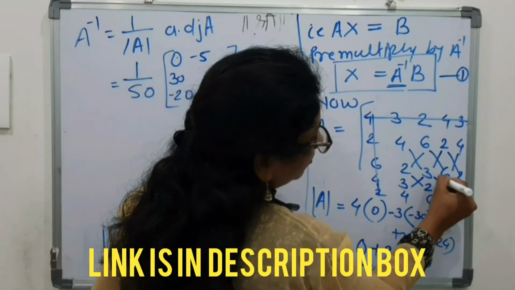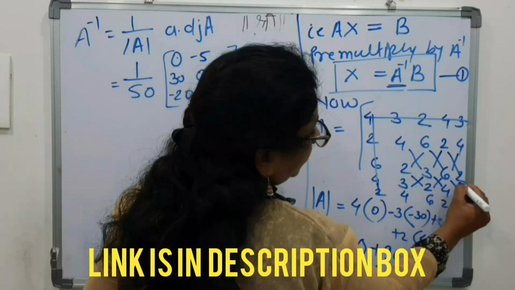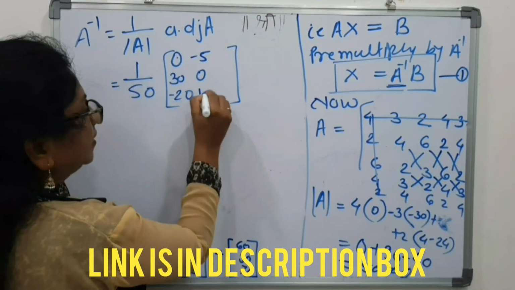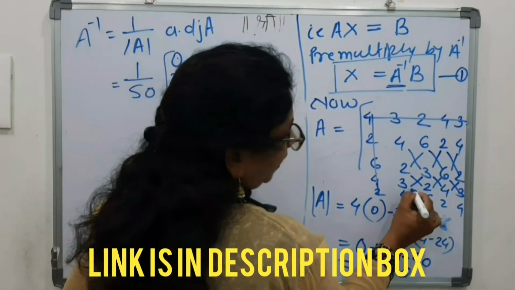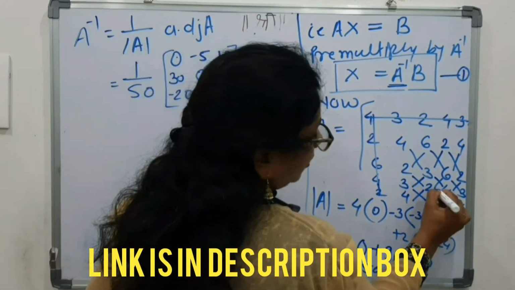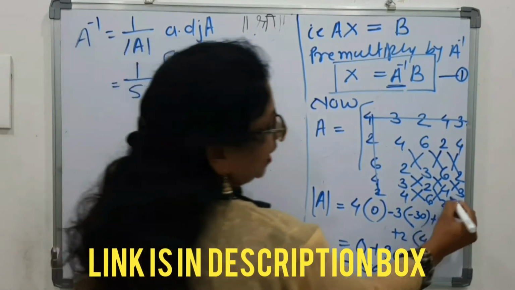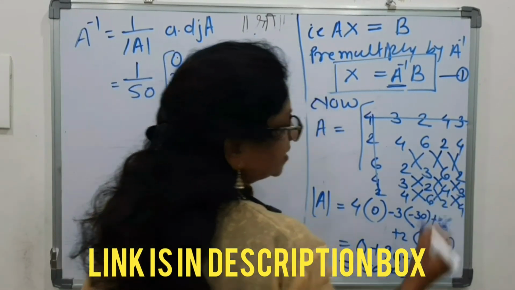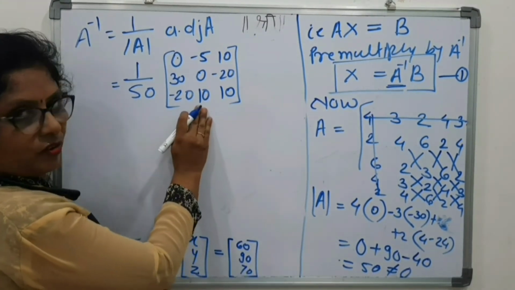Then 12 minus 12, 0. 18 minus 8, 10. Now for the last column, 18 minus 8, that is 10. 4 minus 24, that is minus 20. And 16 minus 6, that is 10. We can take out 5 from here.